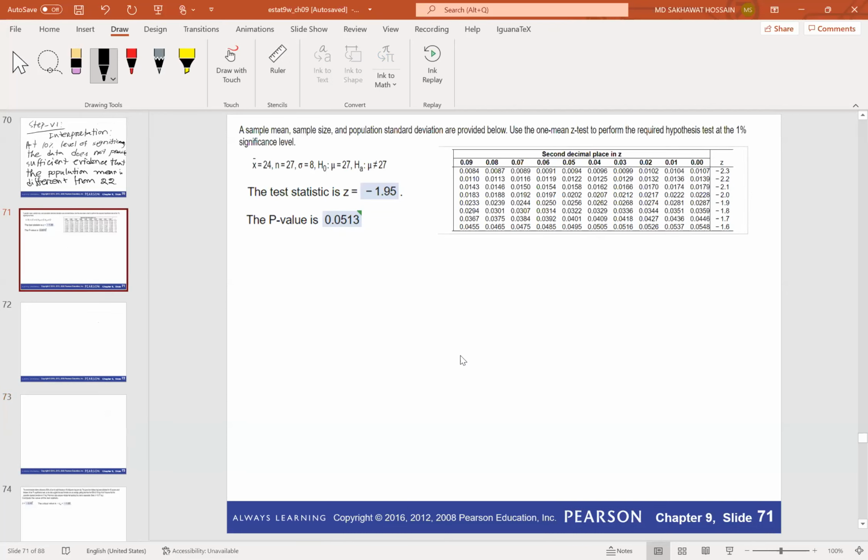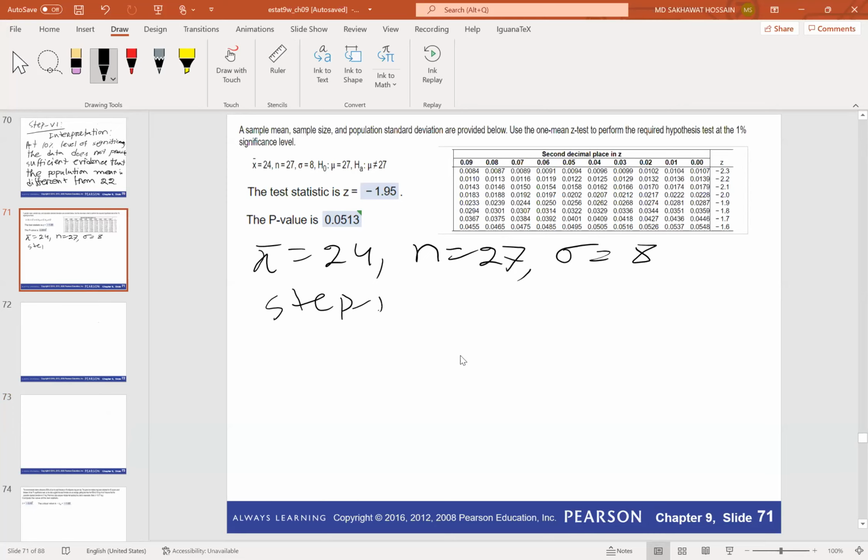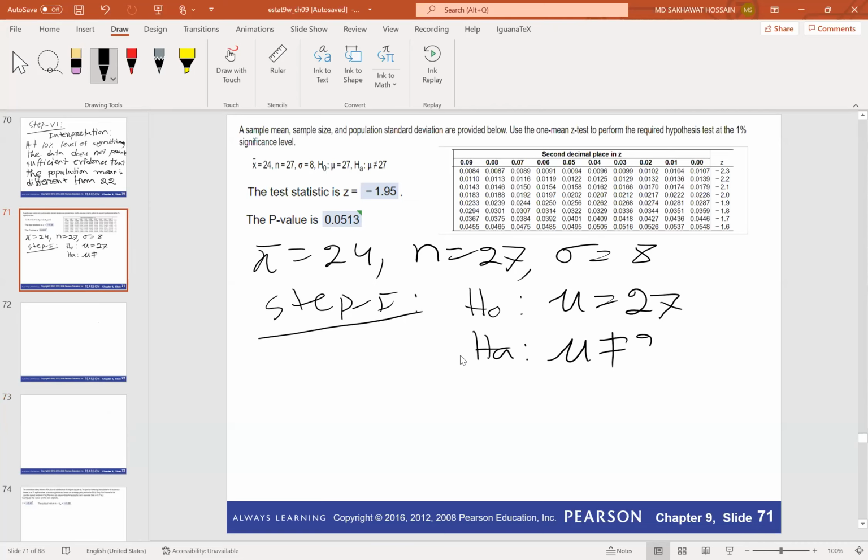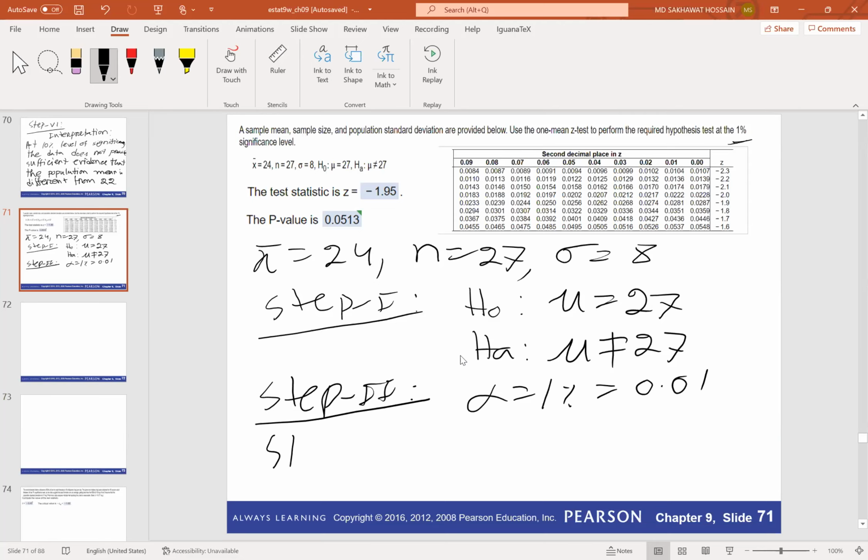Here we have X bar is 24, n is 27, sigma is 8. Step 1 is write the null and alternative: mu is 27, mu is different from 27. So here mu 0 is 27. Step 2 is determine the level of significance. This is alpha, 1%, so that means 0.01.